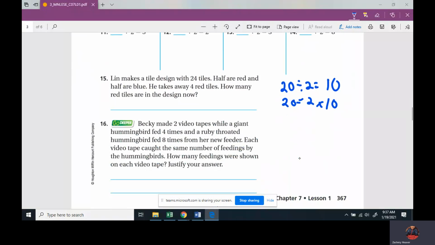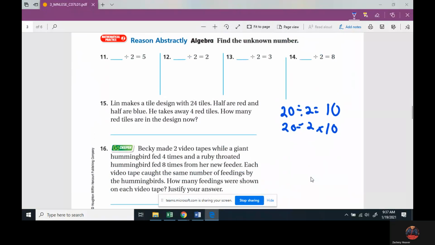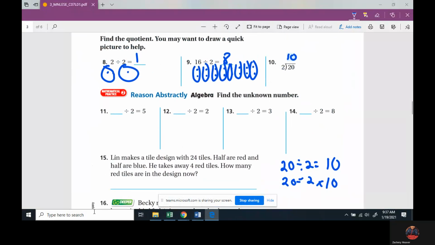So if you take the quotient and multiply it by the divisor, it gives you the dividend. So, McKenna, instead of finding out what it equals, 5 times 2 equals, skip count 5 twice, McKenna. 10. Good. 5 times 2 is 10.